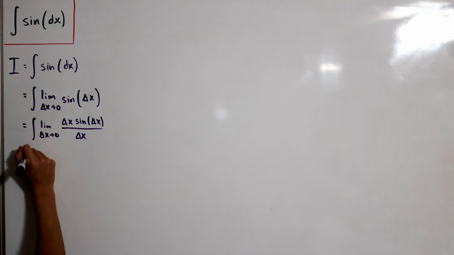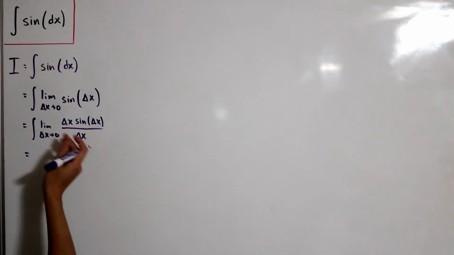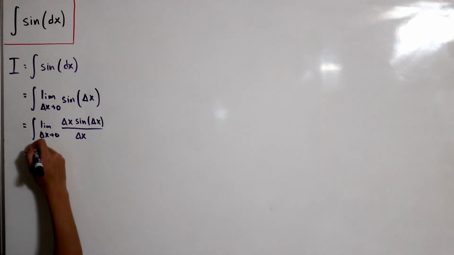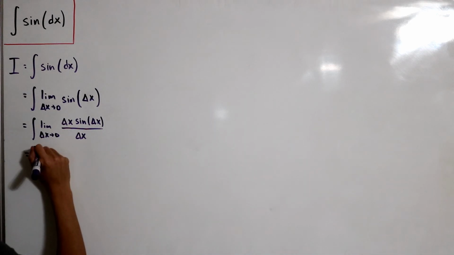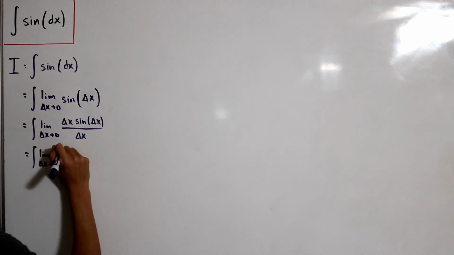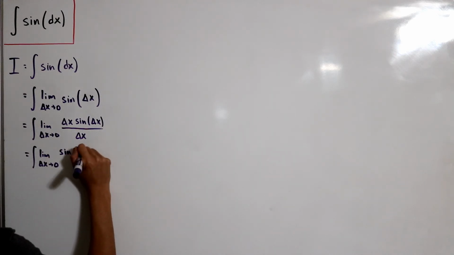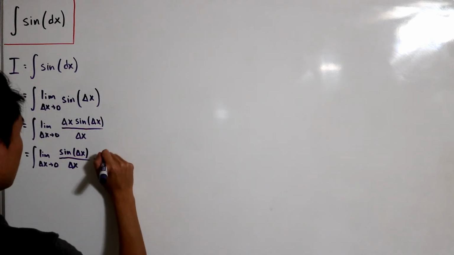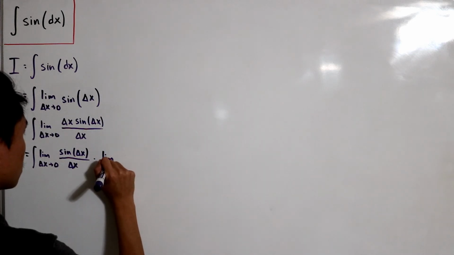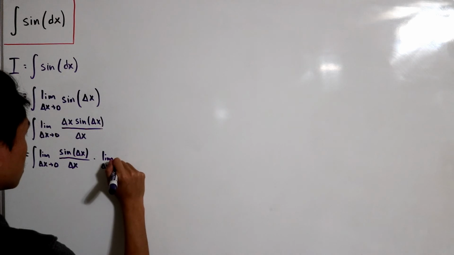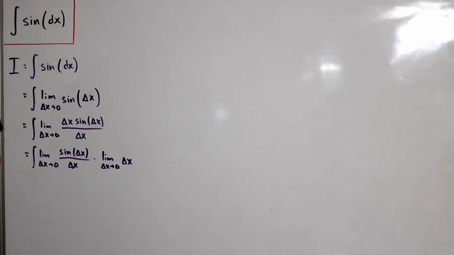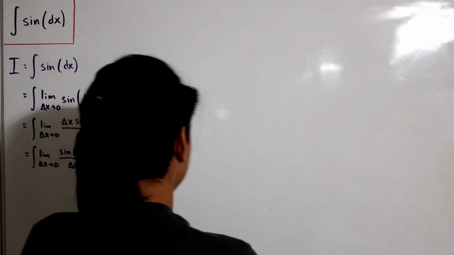Now, with limits of products, I can write this as a product of two limits. So this is the limit as delta x approaches 0 of sine of delta x divided by delta x, multiplied by the limit as delta x approaches 0 of delta x.